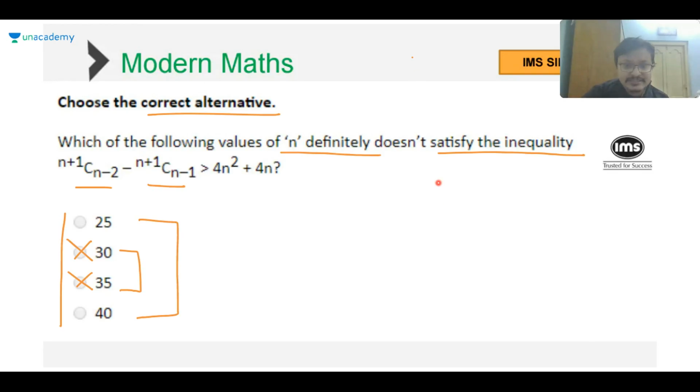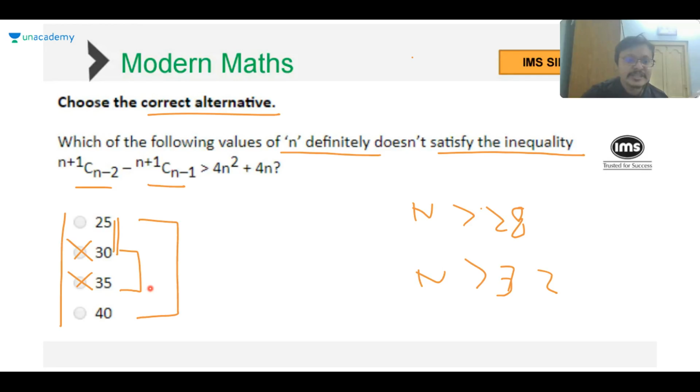Because in case, let's say, Ronit is saying that n is greater than 28. Had it been a situation where n is greater than 32, then there would have been two options which would have been right. Which is why it can never happen that non-extreme options will be the right answer or a single option to be the right answer. The condition is only extreme options can be correct.